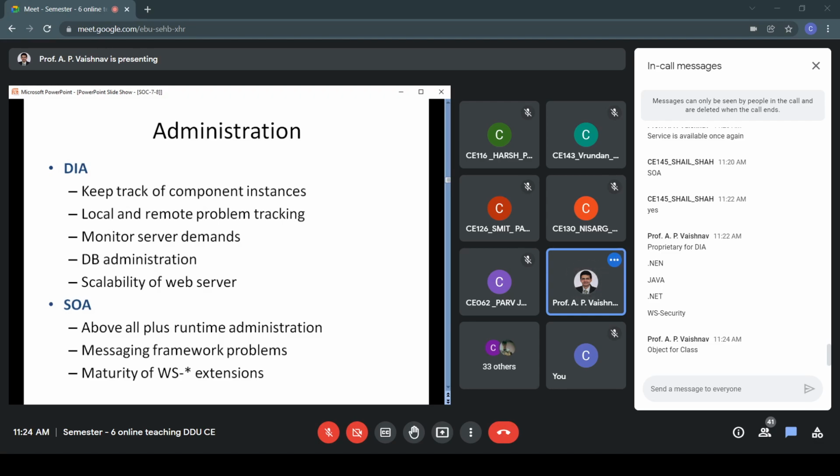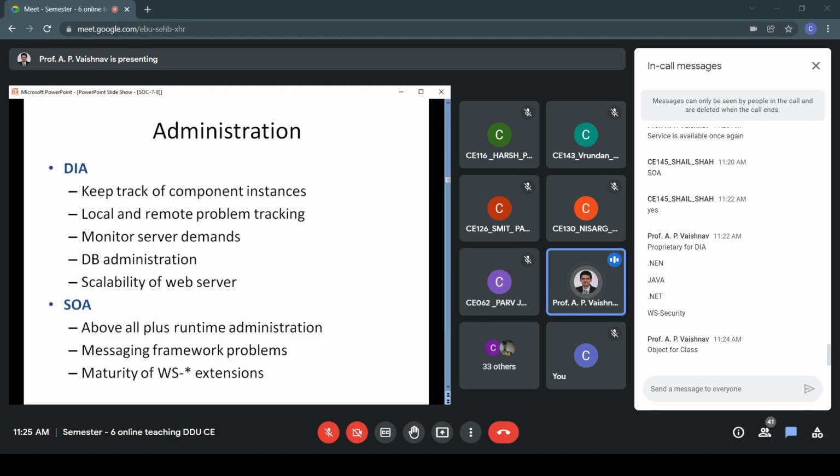Then we may also have messaging framework problems. As I said, your message might be lost. Third is maturity of WS extensions. For example, someone has designed a very good security framework, and it has been accepted as a standard, let's say.